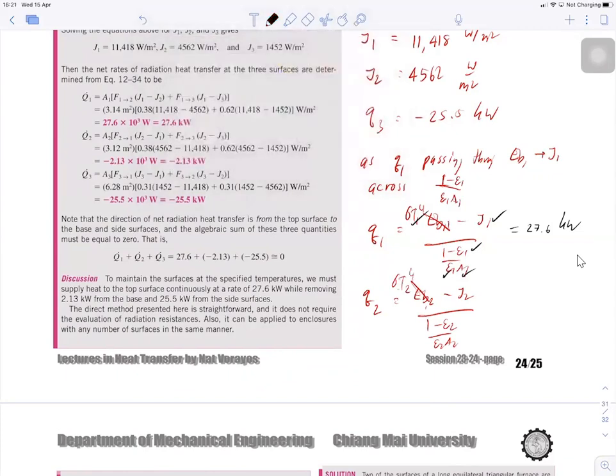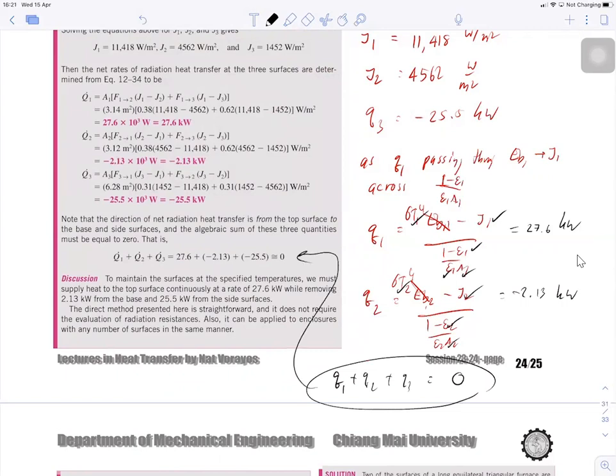You already know T2, it's specified, J2 you already solved, epsilon 2 you already know, A2 you already found. So it's going to be something like minus 2.13 kilowatts. And if you did it right, it's in equilibrium: Q1 plus Q2 plus Q3 is going to be 0. That's what we found here. That is right.